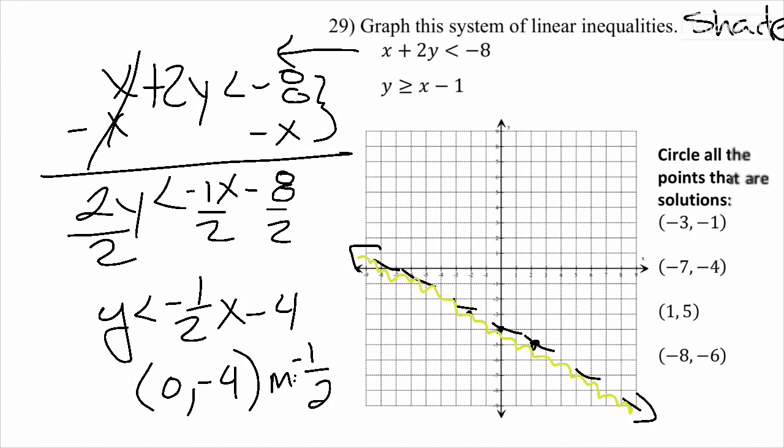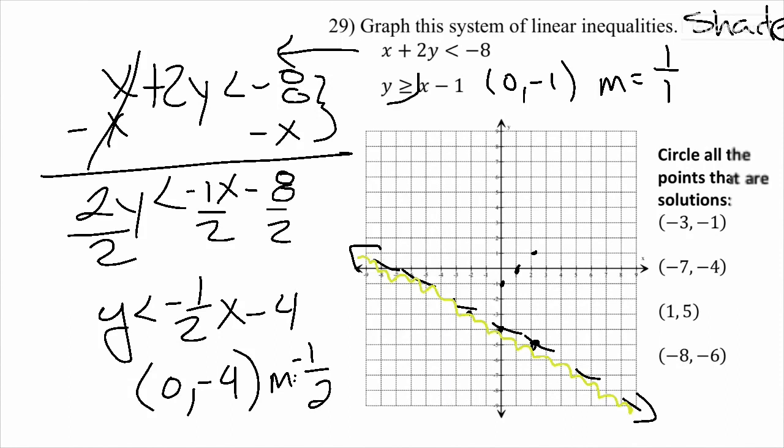Now we go up to the top, and my intercept is 0, negative 1, and then my slope is 1 over 1. Remember, there's a 1 right here, so it's 1 over 1. So let's go to 0, negative 1, and then up 1 over 1, up 1 over 1.